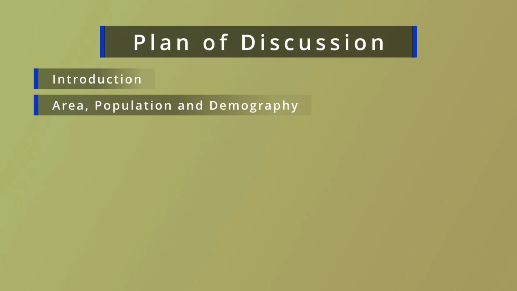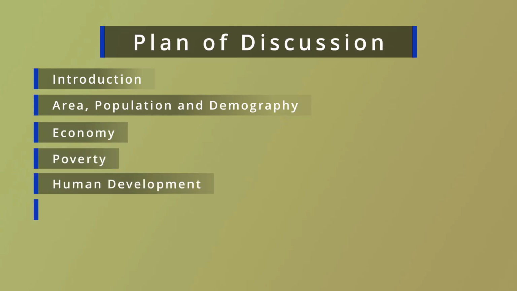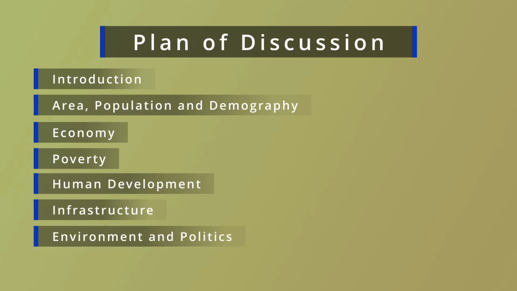From section 3 to section 7 describe different aspects of China and India, specifically in respect of their economy, poverty scenario, human development scenario, infrastructure scenario, as well as environmental scenario. And finally, section 8 makes the concluding observations.